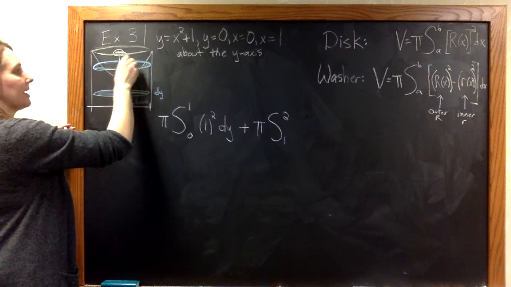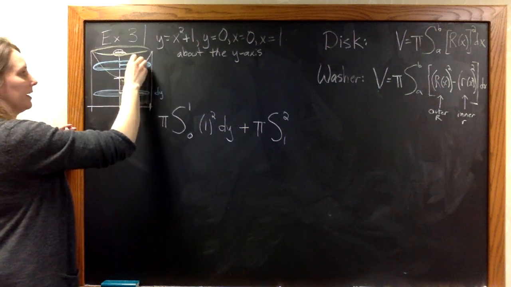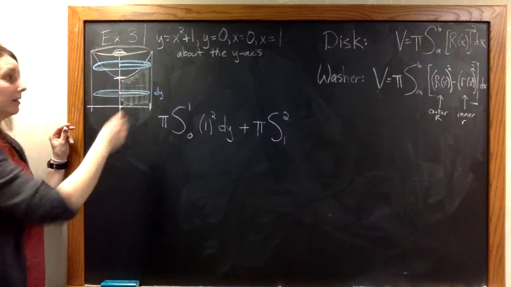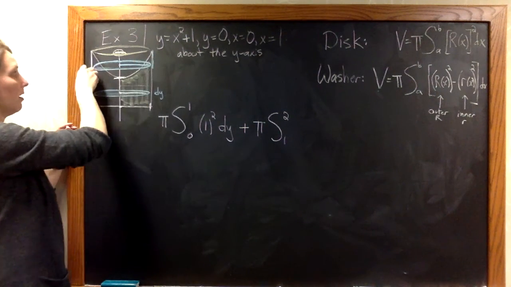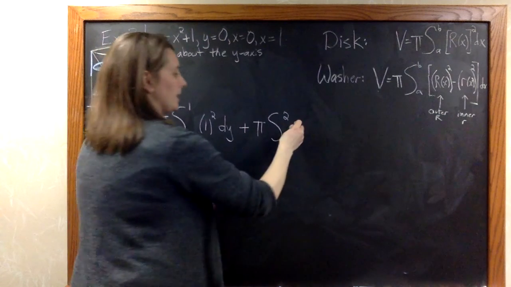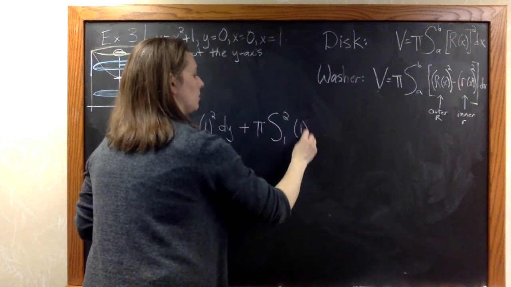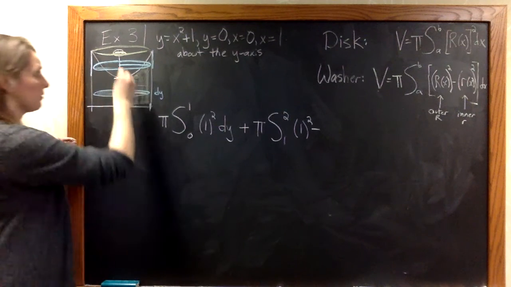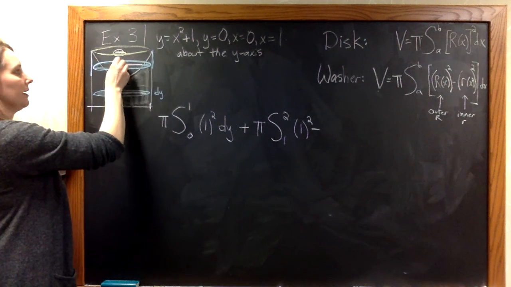We need to think about its outer radius and its inner radius, okay? Now, all of these have an outer radius of 1, okay, because it goes all the way out to here. All of them do. So our outer radius is going to be 1 squared minus our inner radius is here.